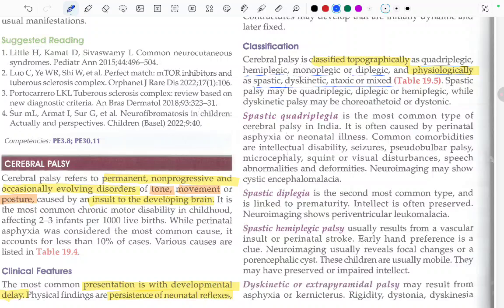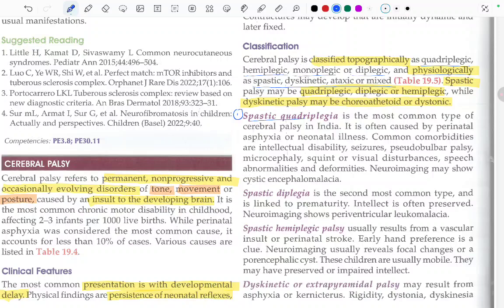Then also we will read in the table. Spastic palsy may be quadriplegic, diplegic, or hemiplegic, while dyskinetic palsy may be choreoathetoid or dystonic. So the spastic type is divided into quadriplegic, diplegic, or hemiplegic, and dyskinetic palsy is divided into choreoathetoid or dystonic.